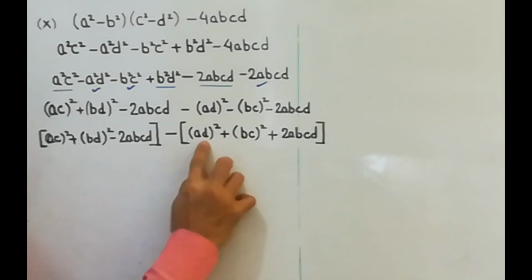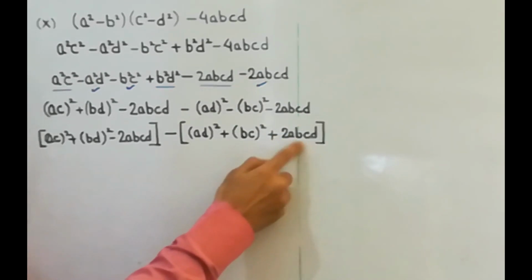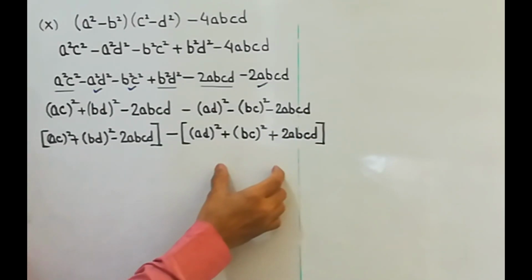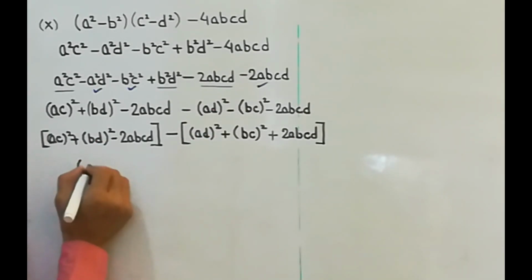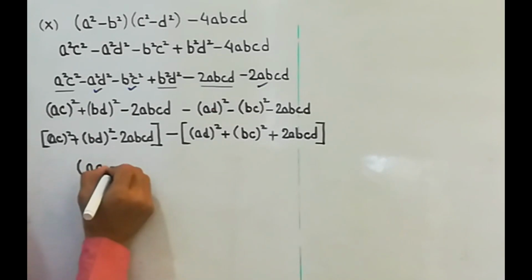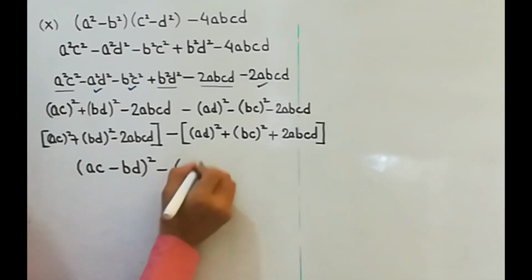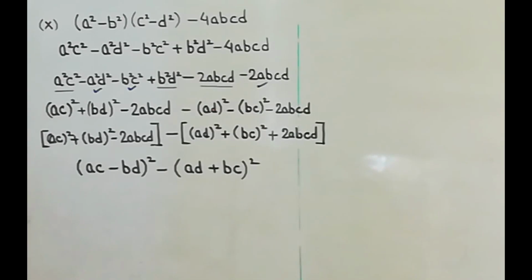Similarly this one, x square plus y square plus 2xy, is the formula for x plus y whole square. So this will be written as AC minus BD whole square, and this will be written as AD plus BC whole square.